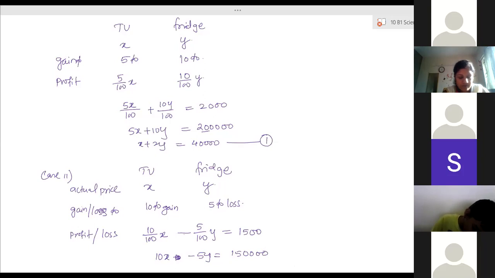Yes, right. Ma'am, cost of fridge is 10,000. Right. 20,000 and 10,000.